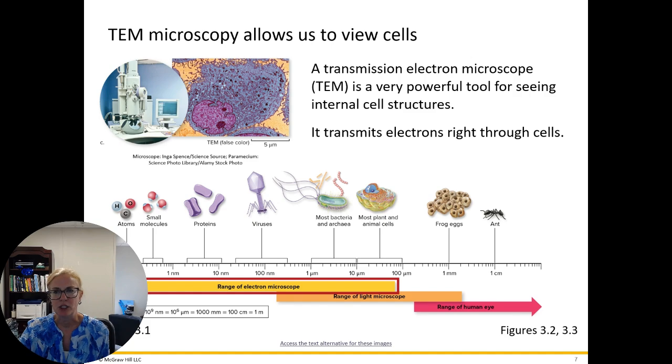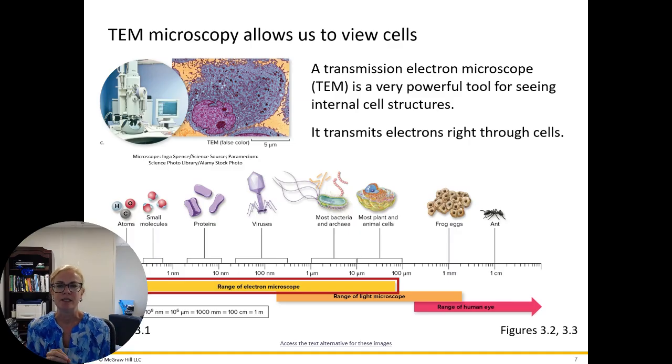So let's look at transmission electron microscopes. They are used for seeing internal cell structures. So again, the sample is actually affixed. Electrons are transmitted through the cells, and the rate of transmission is actually what the microscope interprets to then produce an image.